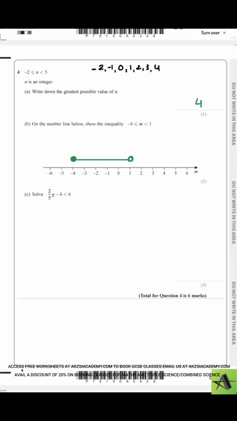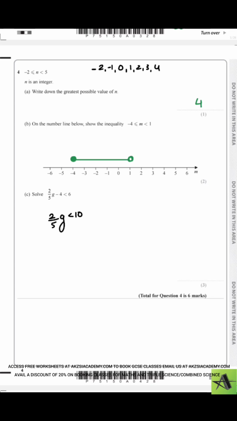Next is solve 2/5 g minus 4 less than 6. First of all, you have to identify whether the inequality is a linear inequality or a quadratic inequality. Clearly, this is a linear inequality, so we solve it exactly how we solve any linear equation. Simple, transposing and cross multiplication. I need to isolate g. For that, I'll transpose -4 onto the right hand side, or I can say add 4 to both sides. It will give me 2/5 g less than 10.